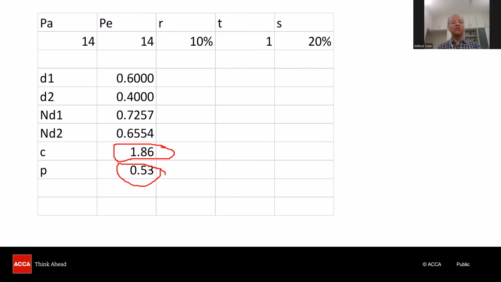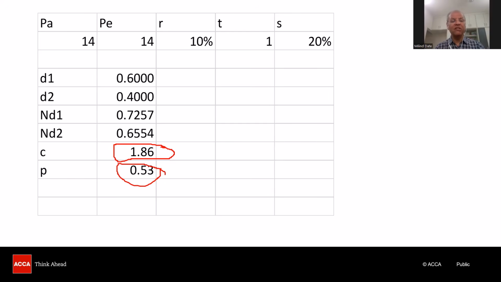Interpreting them is really crucial to you because in valuing real options, you should be able to say, hey, the real option to delay a project will add $1.86 million, for example, to the value of the project.